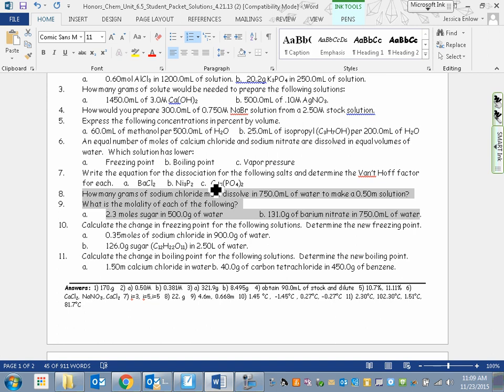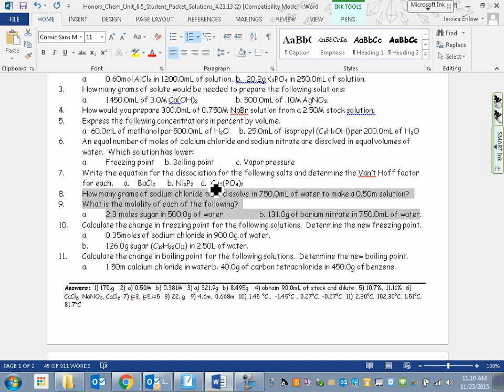So did you want us to list which one had a bigger difference for A, B, and C? No, which one is lower for A, B, and C individually. So here's what I want you to do. I want you to go through and say calcium chloride has an i factor of what?